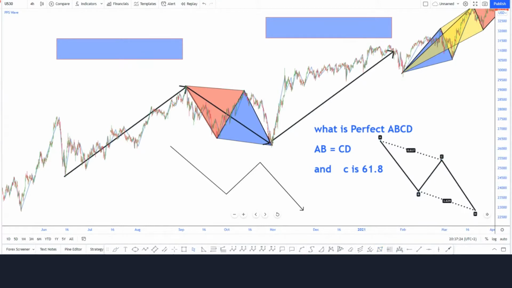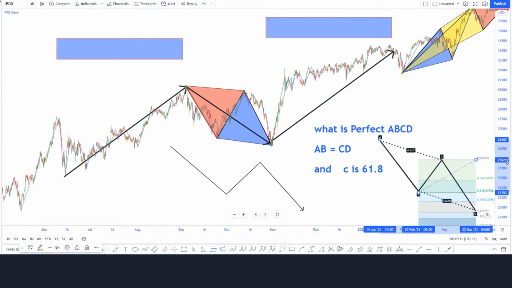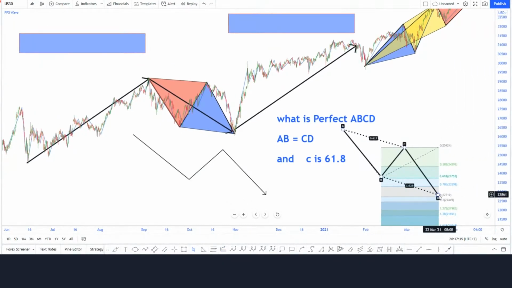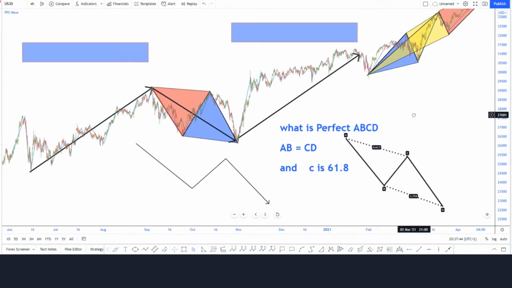Let's make it exact. Okay, guys, so that's a perfect ideal ABCD pattern. Point C is 61.8 right there.